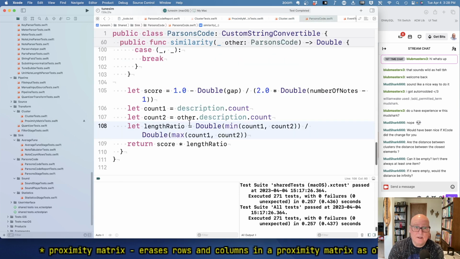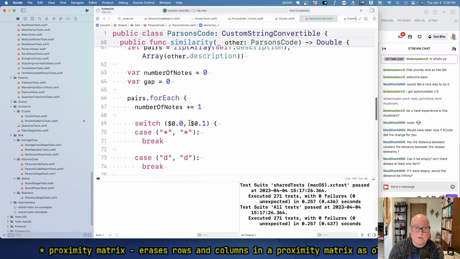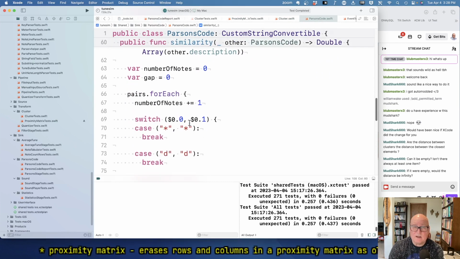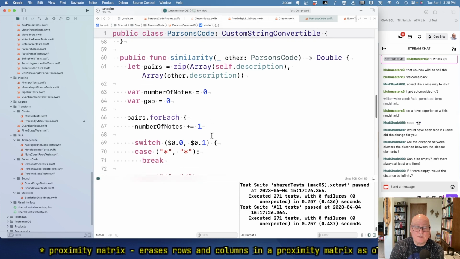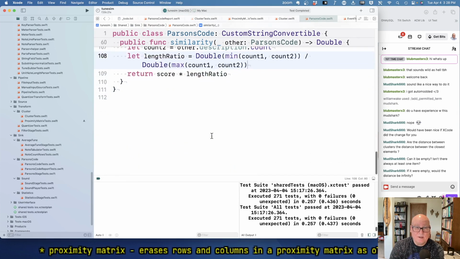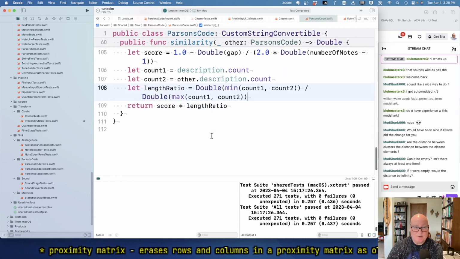Parsons code is giving us a number 0 to 1, which is not exactly a probability, but 1 is the most similar and 0 is the least. But over and over, it seems like we really wish that was flipped around.